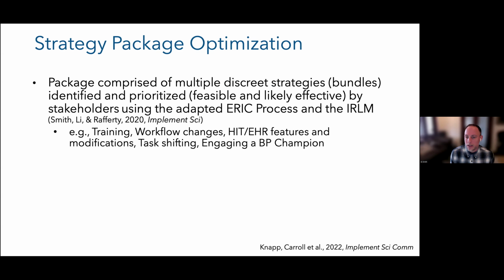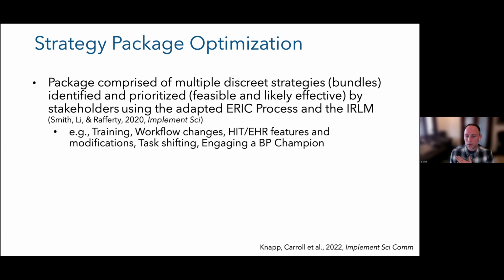The prioritization process was really a rating of how feasible this is for your organization and your clinic to do, and how likely you think it's going to actually be effective in overcoming the barrier that we associated it with and the outcome that we're trying to achieve. And we used the implementation research logic model as well as an adapted ERIC Delphi process for strategy selection that was incredibly helpful.